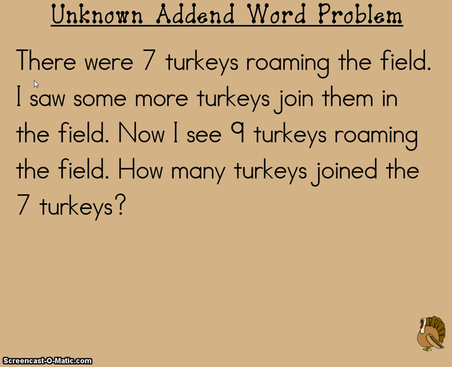So let's take a look at it again. There were 7 turkeys roaming the field. So I know that I had 7 turkeys roaming the field, so I'm going to start my number sentence with 7. I'm also going to start my picture with 7 turkeys.